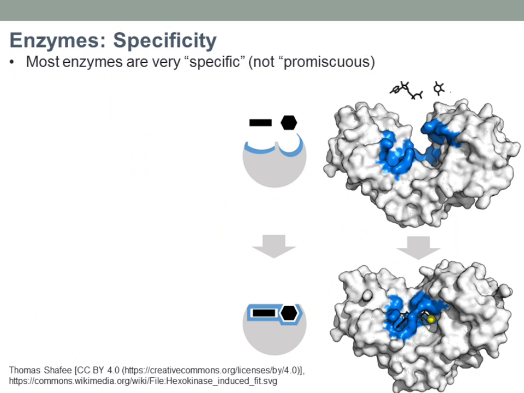So let's talk about their specificity, right? One of the reasons why we have so many enzymes is because enzymes tend to be specific, not promiscuous. And by specific, what we mean here is that they tend to work on just one molecule or one class of molecules.